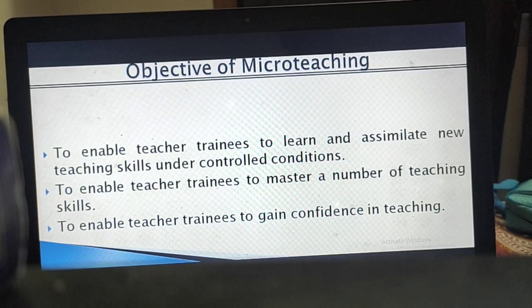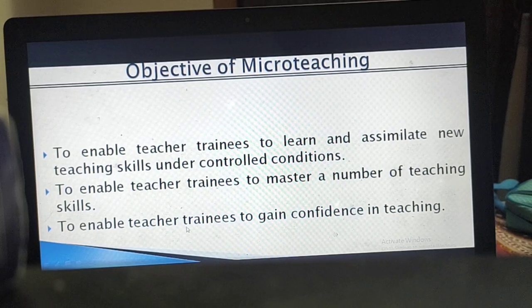With the help of those teaching skills, the teacher delivers his lesson in a real classroom very smoothly. That's why micro teaching enables the teacher trainee to master a number of teaching skills.